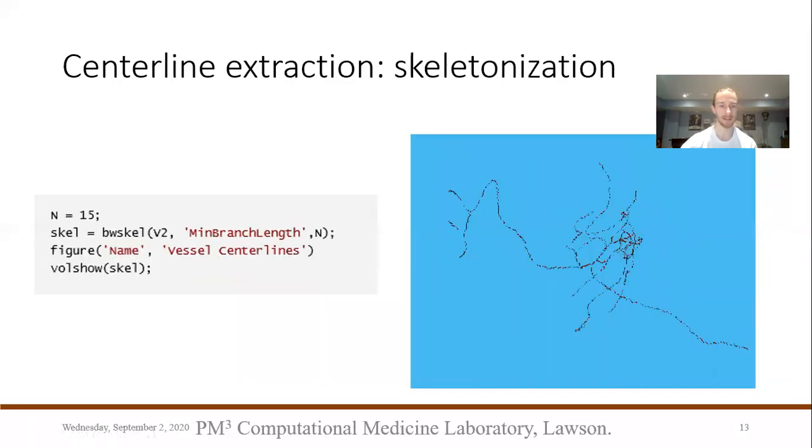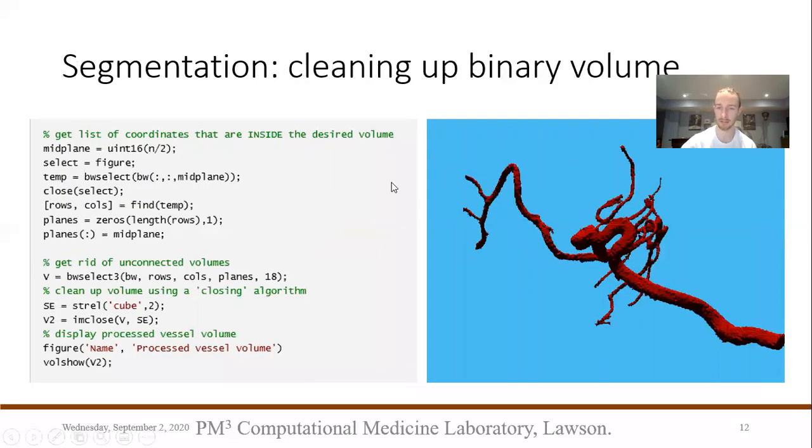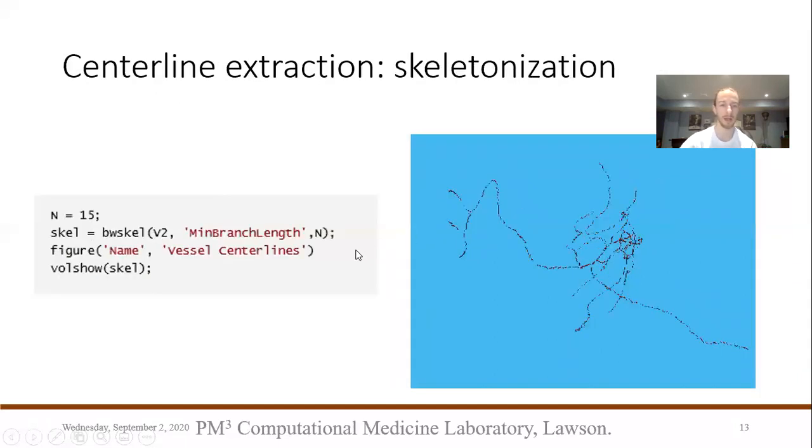Then finally, the centerline extraction. We use a process called skeletonization. And so this is going to be using the BW scale function. It's very nice, very useful. You just import your volume. Mine is called V2, which is basically just your binary volume that I have displayed here. And you set the minimum branch length.